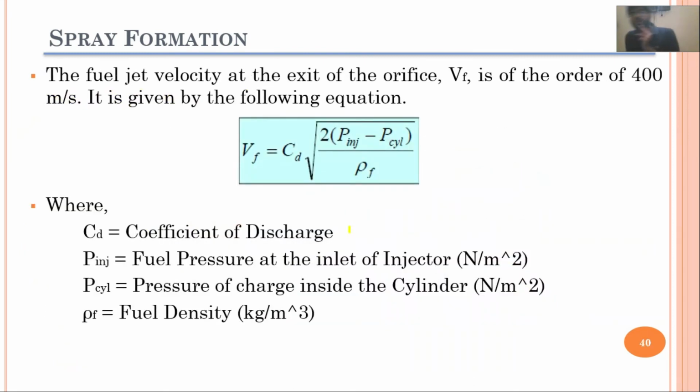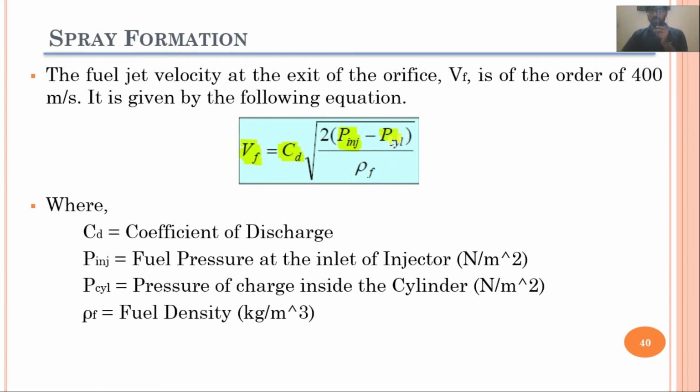Now moving forward, if we simply apply the Bernoulli equation across the two ends of the orifice, we can end up with this relation. I will not go into the details of how this relation arises. Vf is the velocity of this stream, Cd is the coefficient of discharge of this orifice, P injection is the injection pressure, or you can say the fuel pressure, which is the pressure of the fuel coming from the injection pump.